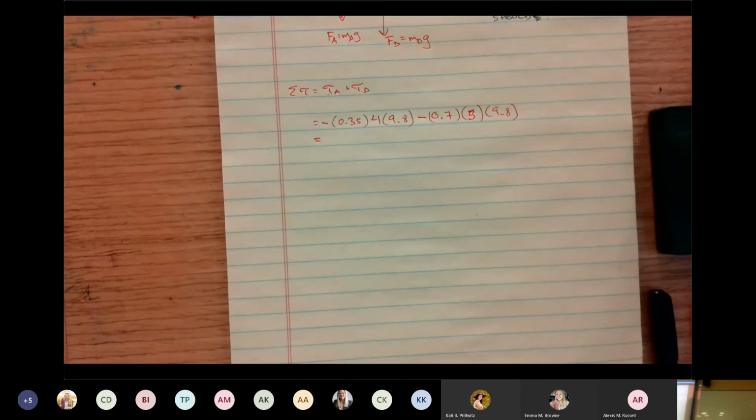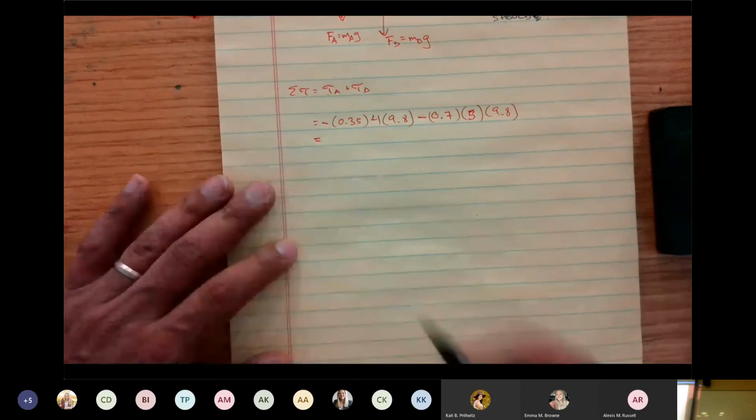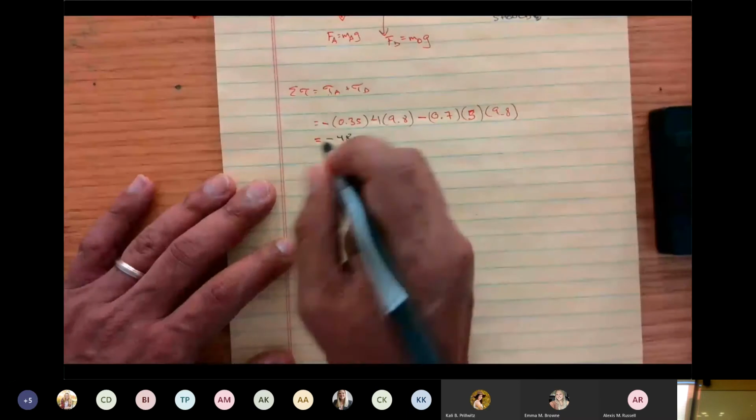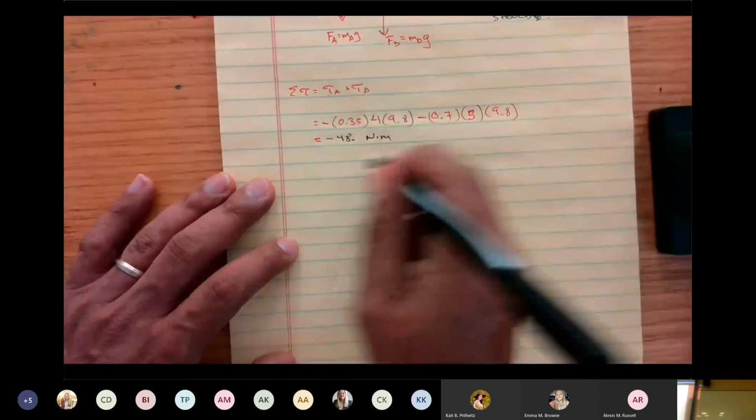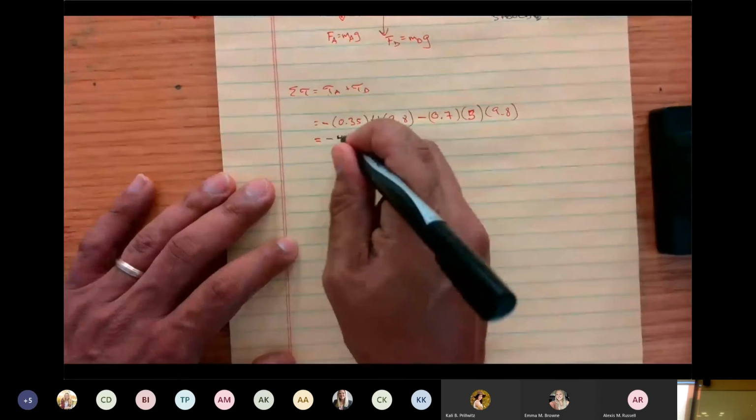And I get negative 48 newton meters. That is 48.02, yes.